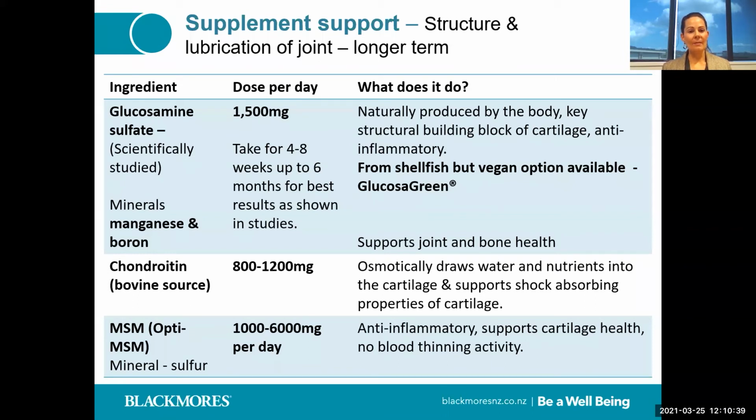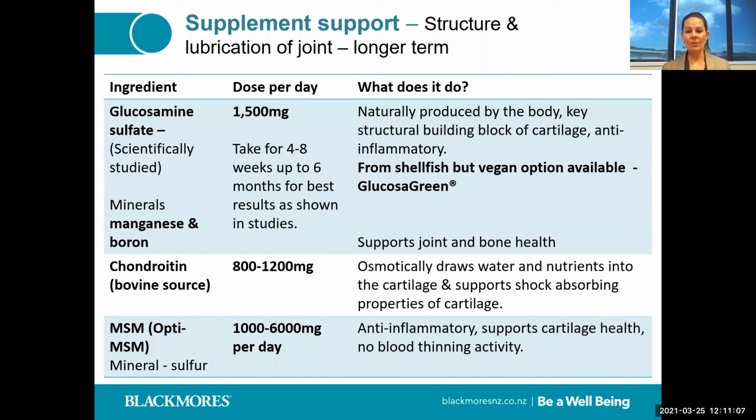Also, the minerals manganese and boron are shown to support joint and bone health. And it's from a shellfish source, but there's also vegan options available for those that are allergic to shellfish. And this is in the form of glucosagreen. Also, chondroitin is another nutrient from a bovine source, and that osmotically draws water and nutrients into the cartilage and supports shock absorbing properties of the cartilage.